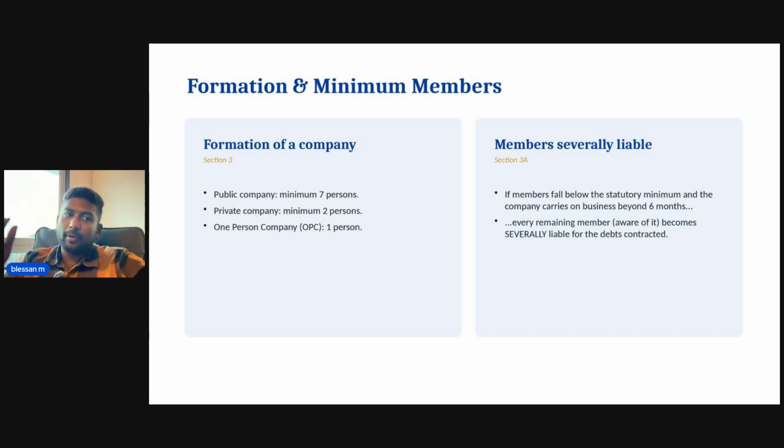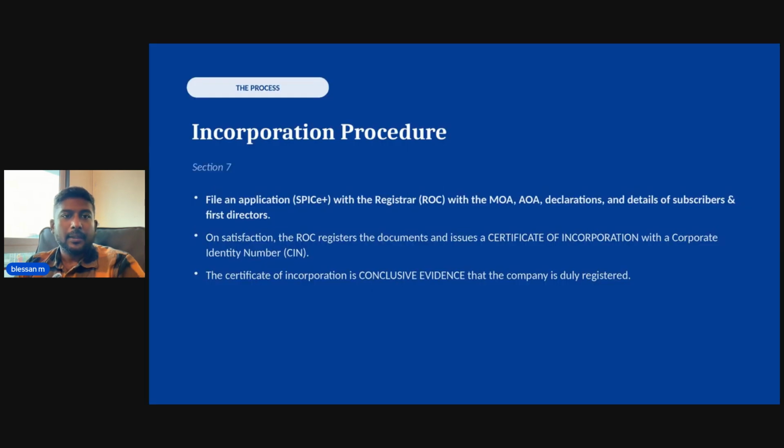If they continue to operate beyond 6 months, for instance, if in a public company the number of persons falls below 7, to 6, and they continue to operate beyond 6 months with the knowledge, then all the 6 persons would be severally liable for the debts incurred by the company. This is one important section in which questions can be asked, that is section 3A.